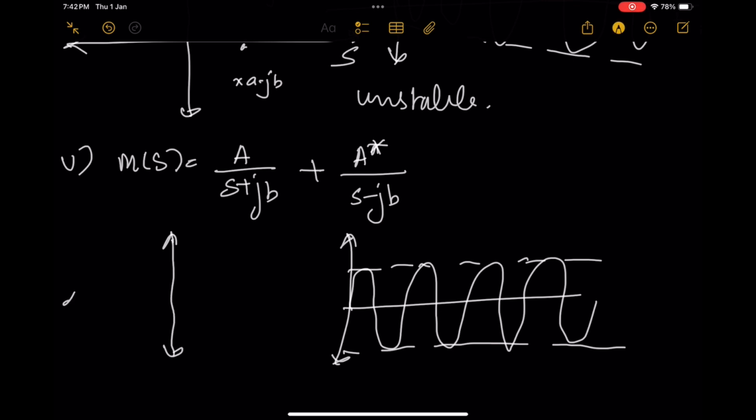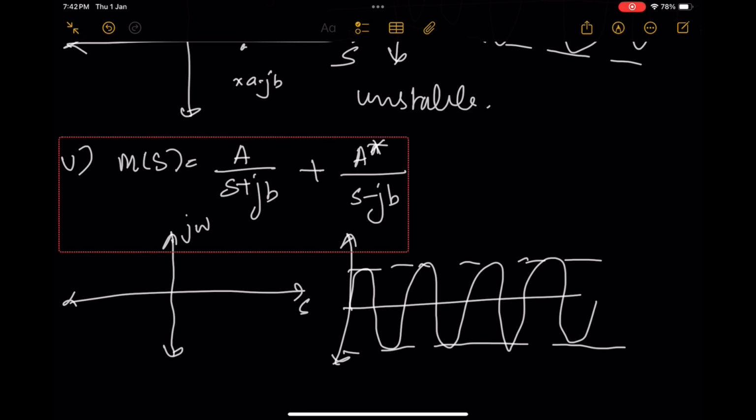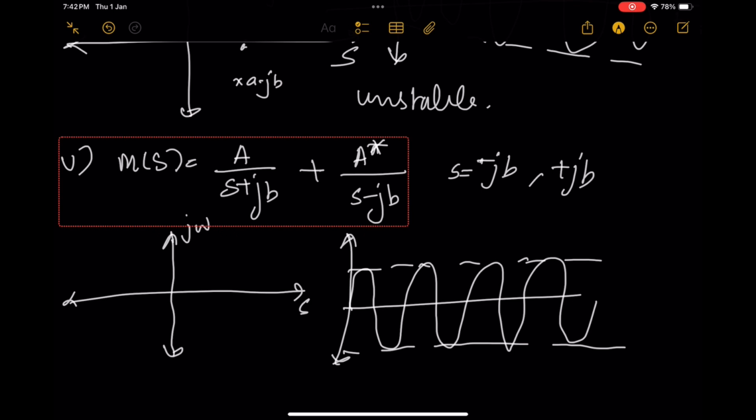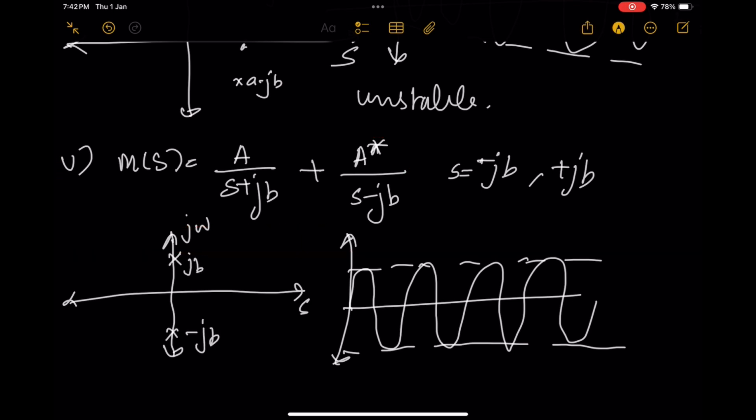Then if I consider the roots and draw them in the s, j omega plane, it will look like this: the roots will be s equal to minus jb and plus jb. So it will be like here and here, jb and minus jb. And these two poles lie on the j omega axis, which is different from what we have seen before.